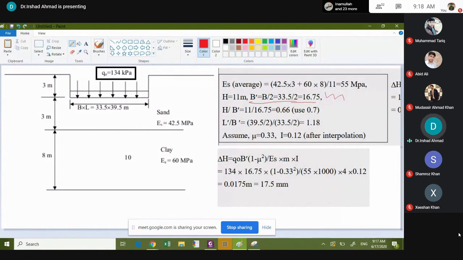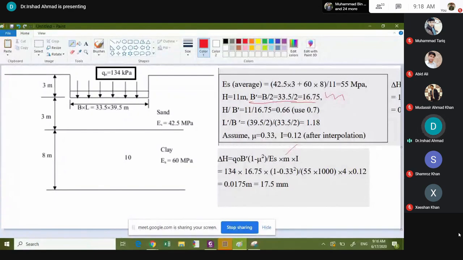Mu is given, it is equal to 0.33, right? Okay. Now, what is the value of M? Because you are finding under the center of footing, M should be equal to 4.